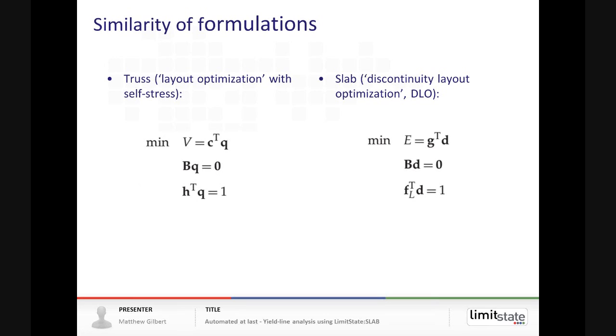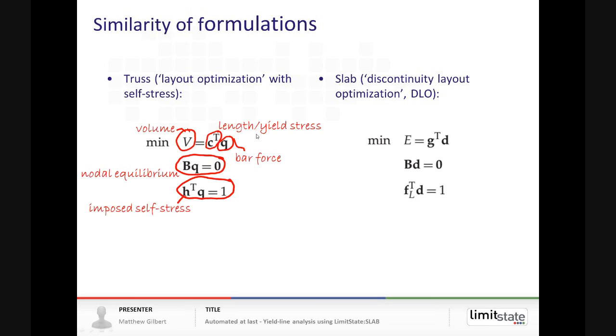This is something that was actually pointed out by Denton back in, I think, around 2000. So if we look at the formulation for trusses, it's slightly changed. The main difference is when we look at nodal equilibrium, at the right-hand side, we don't have any externally applied loads, but instead we have an additional constraint which applies the self-stress.